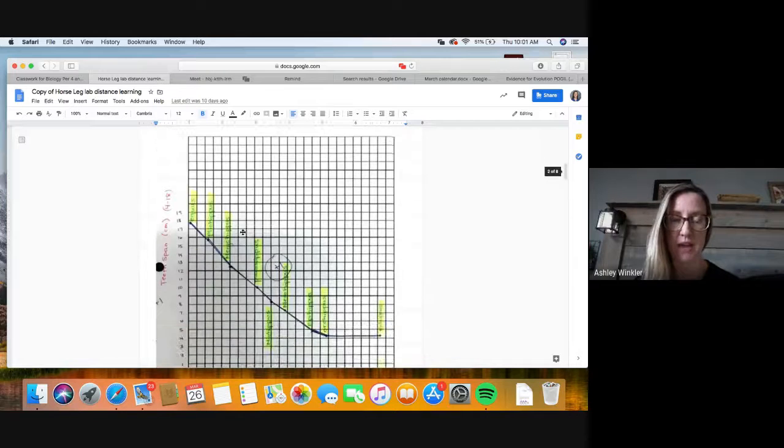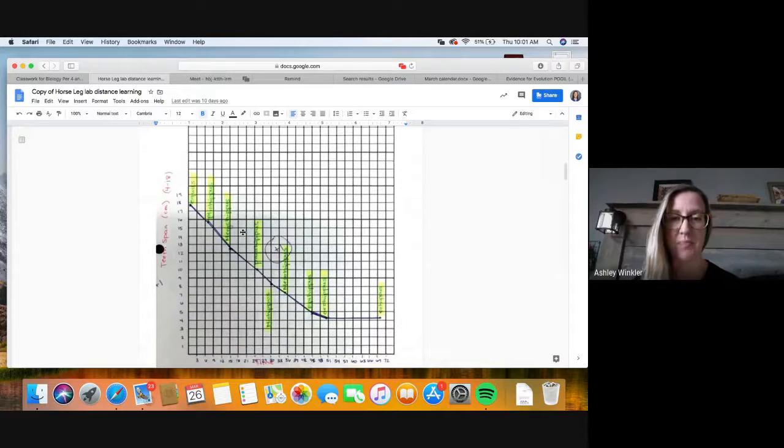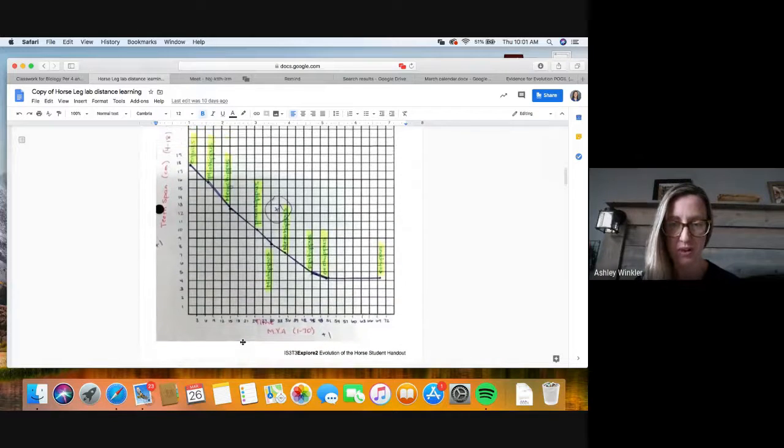So we're graphing that. And what we're looking at is how the teeth span sizes have changed over time for our horse ancestors. So if you look at millions of years ago, 72 million years ago, we've got the Eohippus. The teeth span was at, what is this? Just over 4 centimeters. That's tiny.